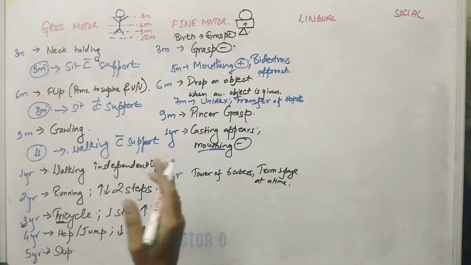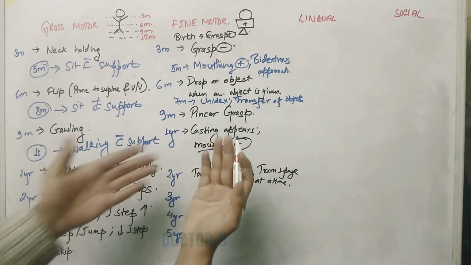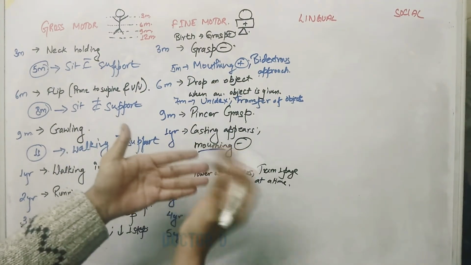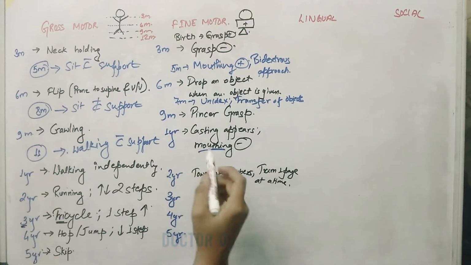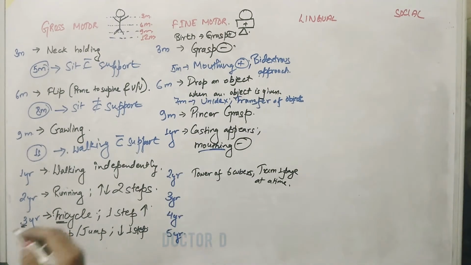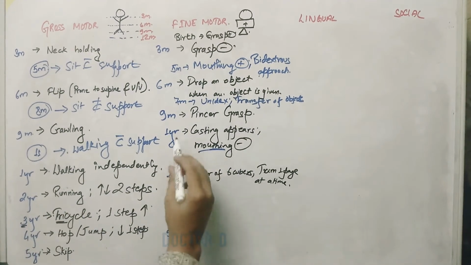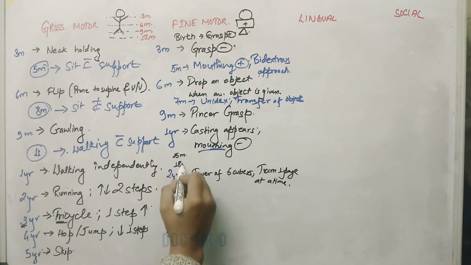Before 2 years, he will basically turn a lot of pages at a single time, not one page. So this one page turning ability develops at 2 years, and some more events occur in between 1 and 2 years, that is at 15 months and 18 months.